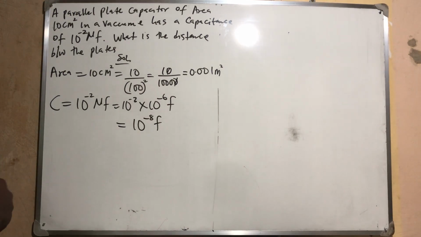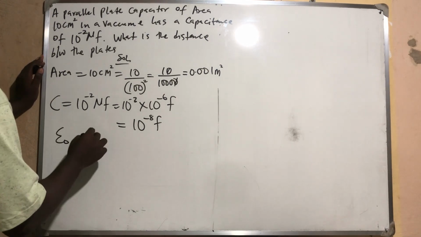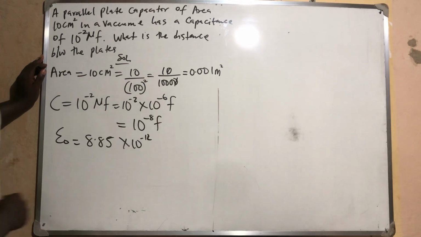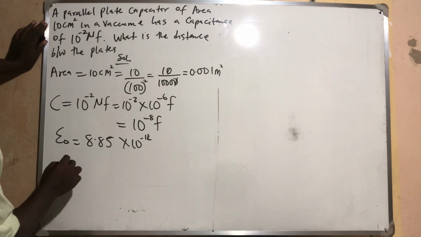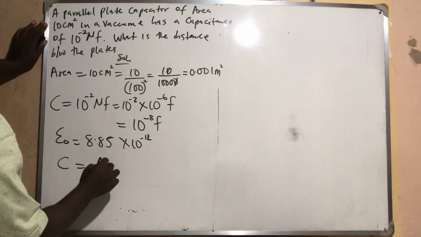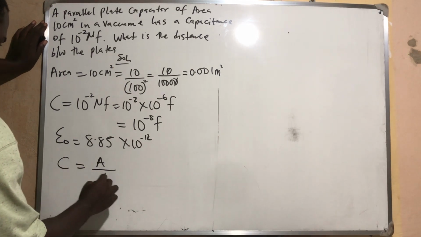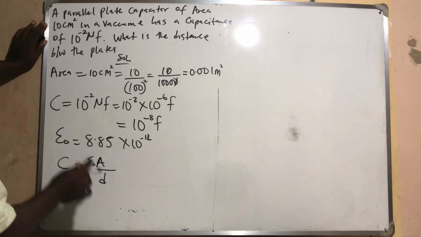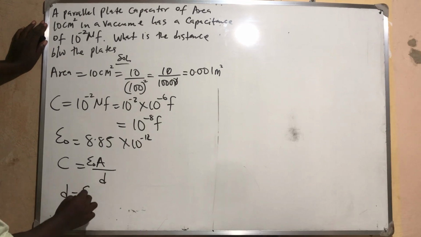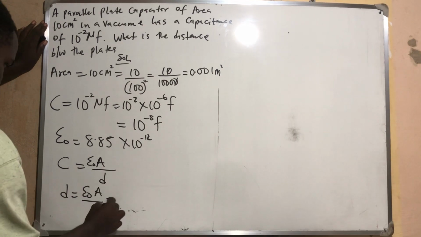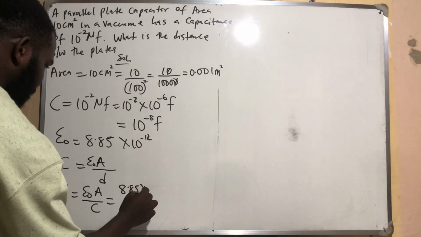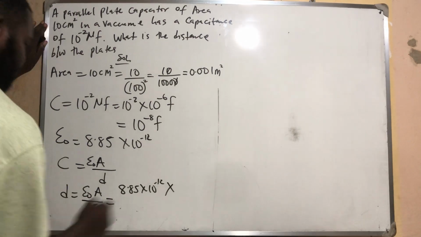All right. So what else did they give us? Did not give us anything, but we should know that our E naught is always 8.85 times 10 raised power what? Minus 12. Please, very very important. So we now have that C is directly proportional to area, but inversely proportional to the distance separating them, where you have this as your constant. So if I want D to stay alone, D will now be E naught A over C. What is my E naught? My E naught is 8.85 times 10 raised power minus 12 times my area.